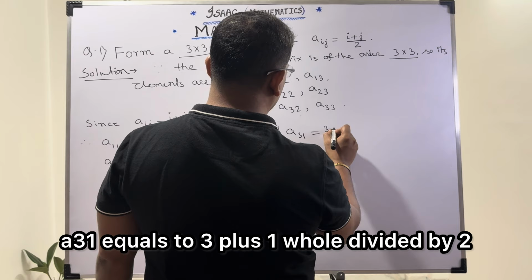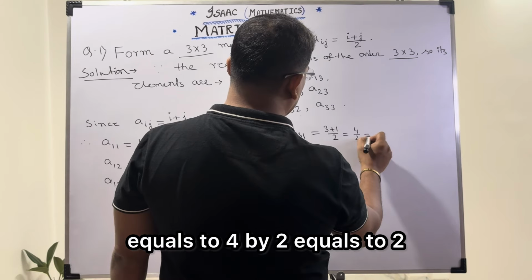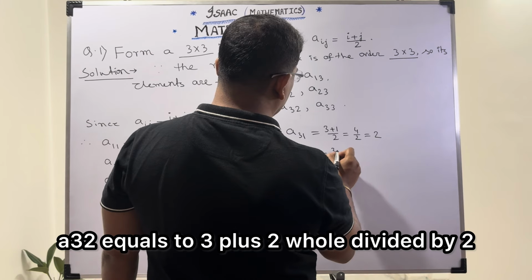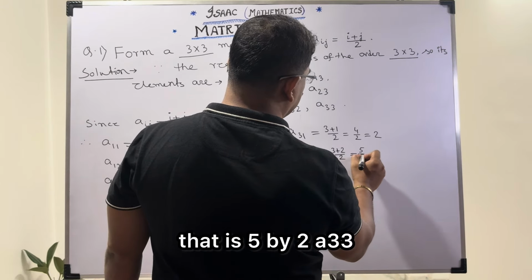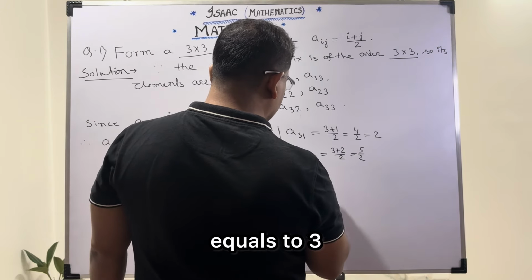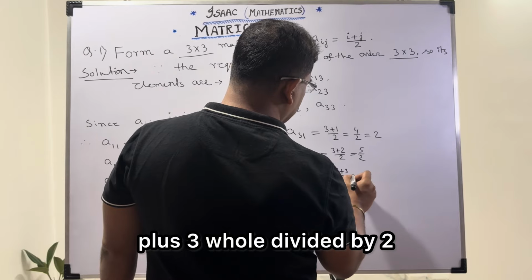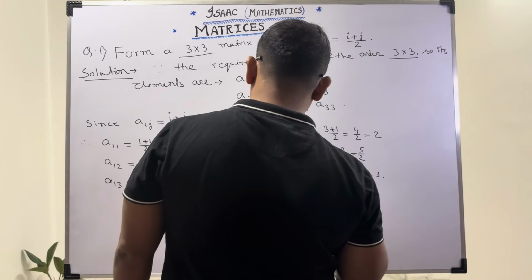A31 equals to (3 plus 1) whole divided by 2 equals to 4 by 2 equals to 2. A32 equals to (3 plus 2) whole divided by 2, that is 5 by 2. A33 equals to (3 plus 3) whole divided by 2, that is 6 by 2 equals to 3.